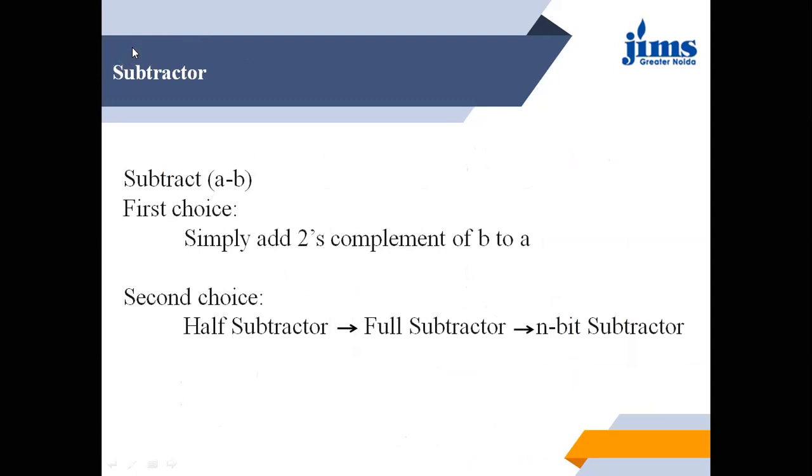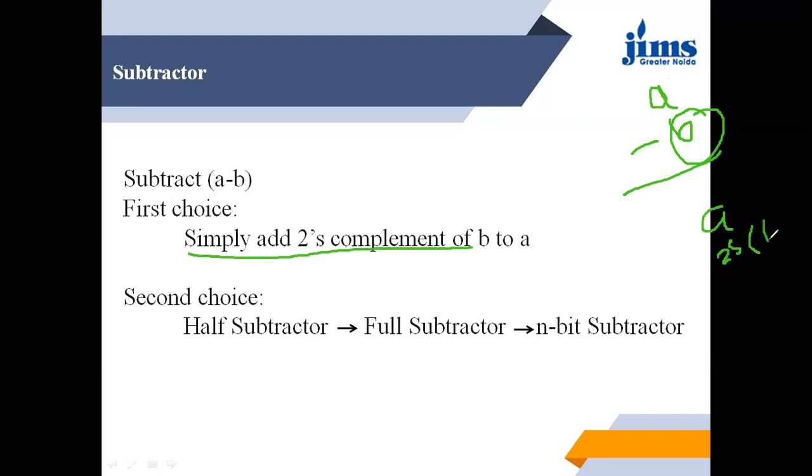Either we can perform it by taking the 2's complement of B and adding that 2's complement of B to A. Suppose I have to perform A minus B, then in that case I will take the 2's complement of B. So this is A, and 2's complement of B, and I will add these two numbers.